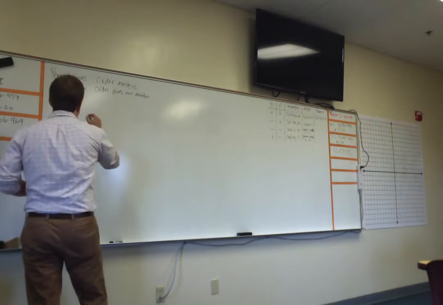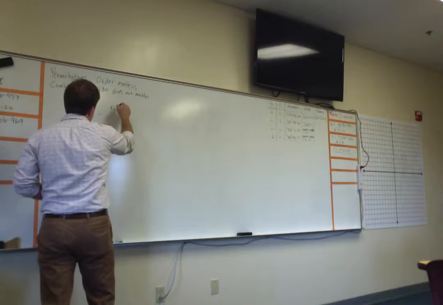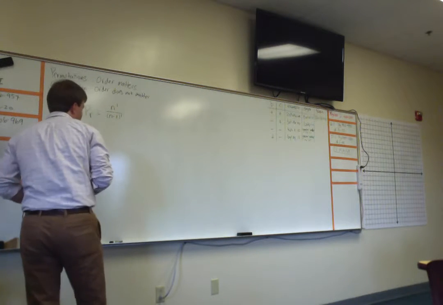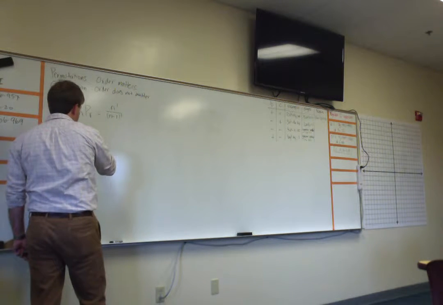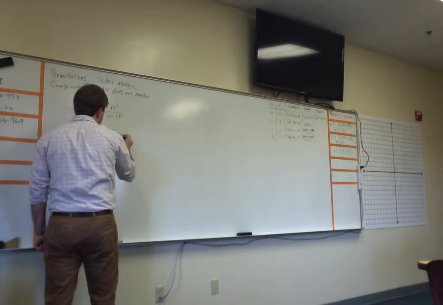So just so we remember, nPr is n factorial over n minus r factorial, okay? Combinations, if order does not matter, nCr is n factorial over r factorial times n minus r factorial.